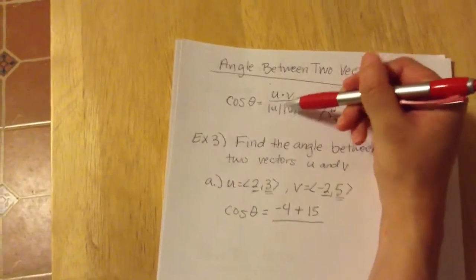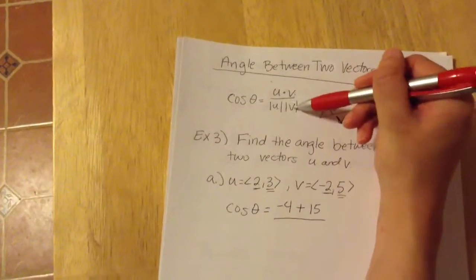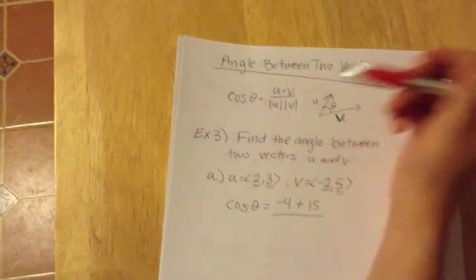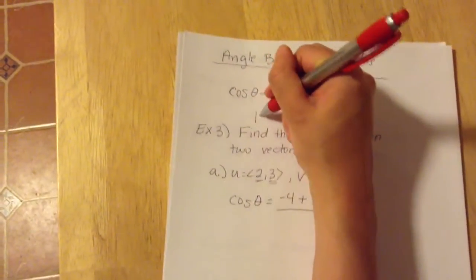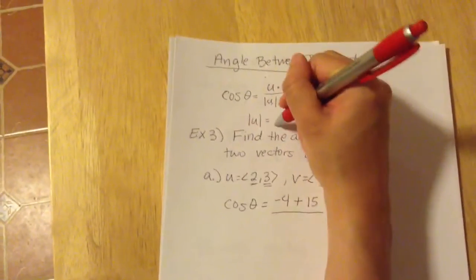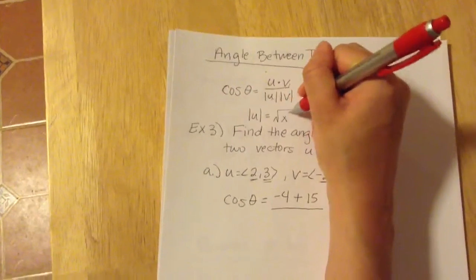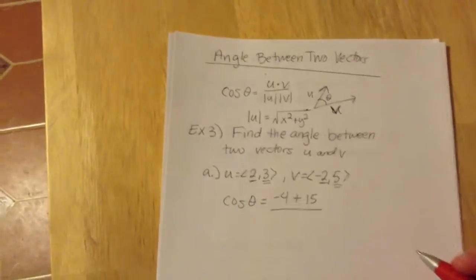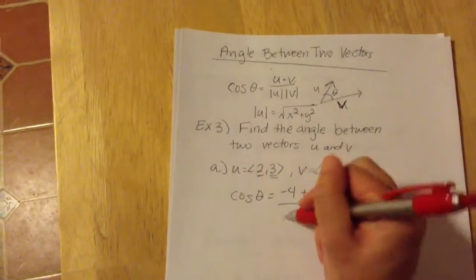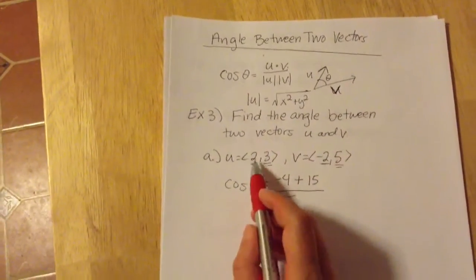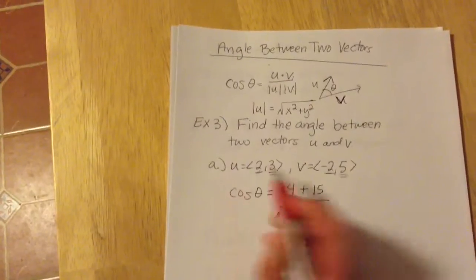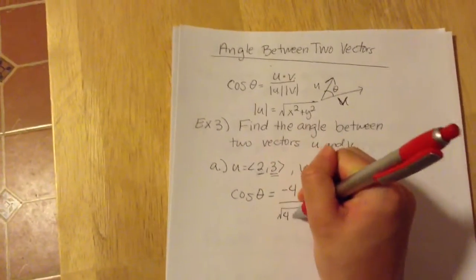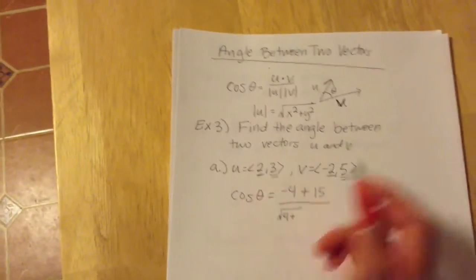Divided by, I want to find the magnitude of u and the magnitude of v. Remember, to find the magnitude of u, it's the square root of the x-coordinate squared plus the y-coordinate squared. So what I'm going to do is the square root of the x-coordinate squared, 2 squared is 4, plus the y-coordinate squared, 3 squared is 9.